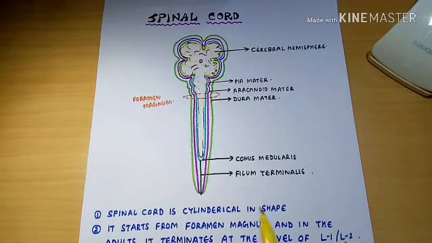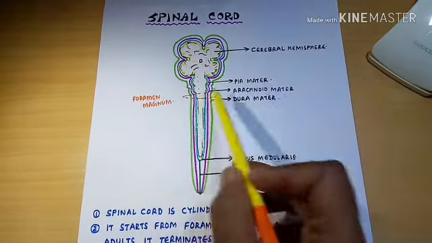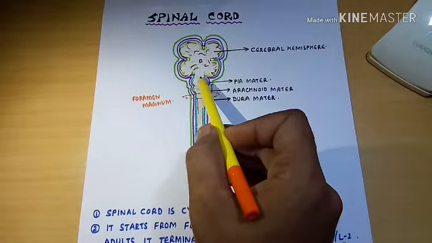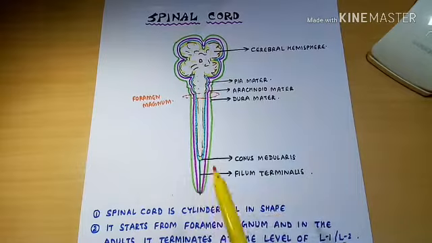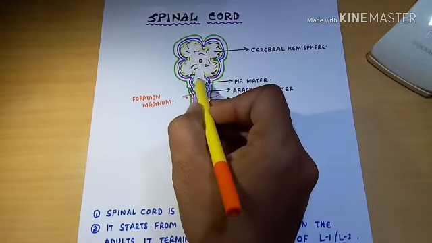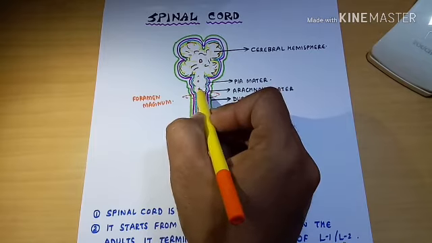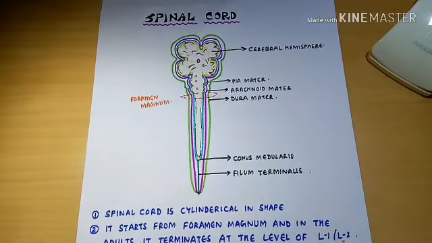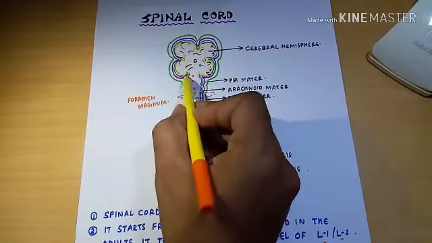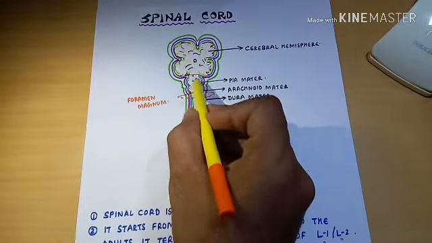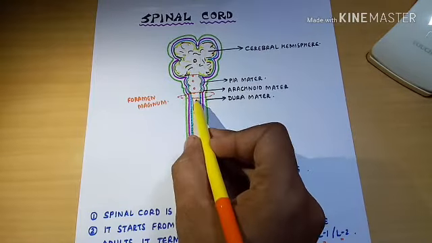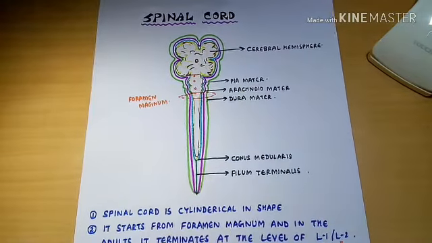This is the structure I have already drawn here, a rough diagram of the brain, and below the brain is the spinal cord. This part of the brain is called the midbrain. This is the pons and this is the medulla oblongata. These structures we already covered in the previous section of the videos. This structure is the brain stem, above this is the cerebrum, and below the medulla oblongata the spinal cord is present.